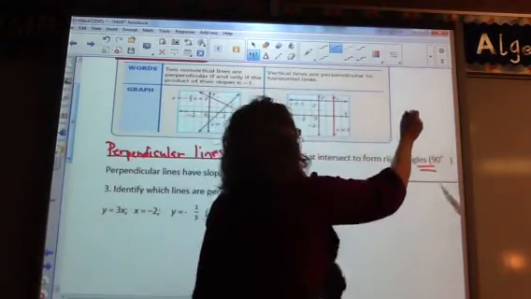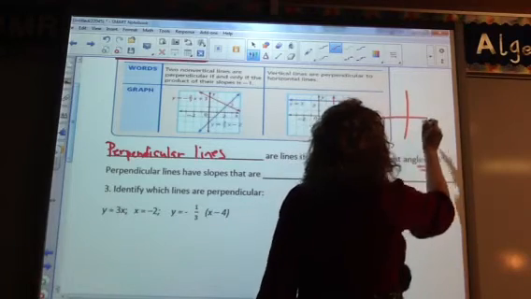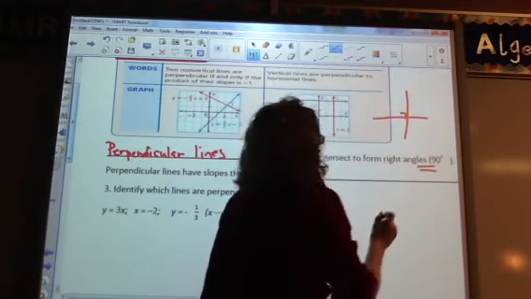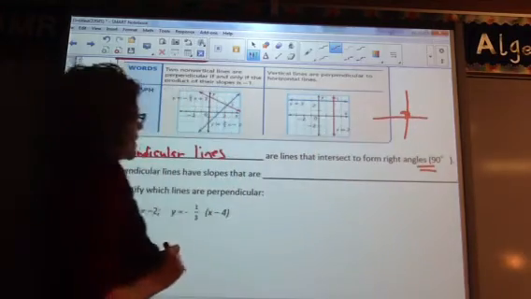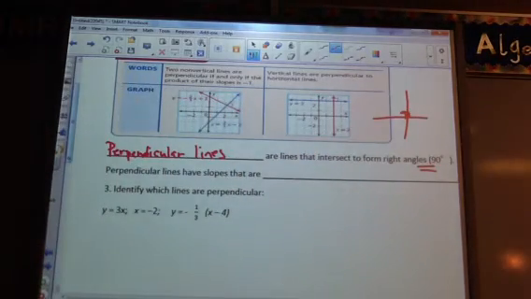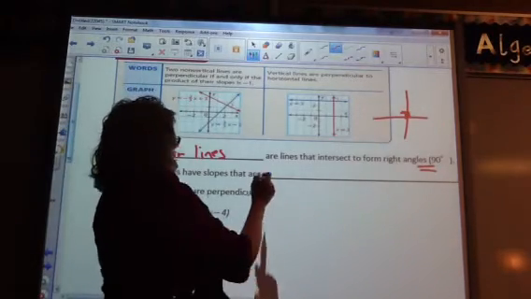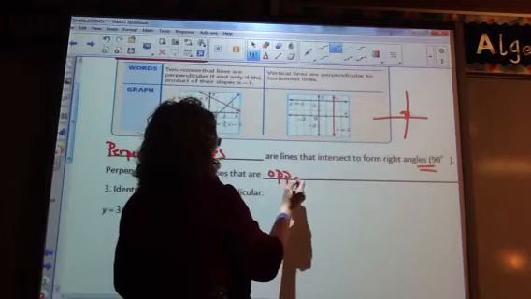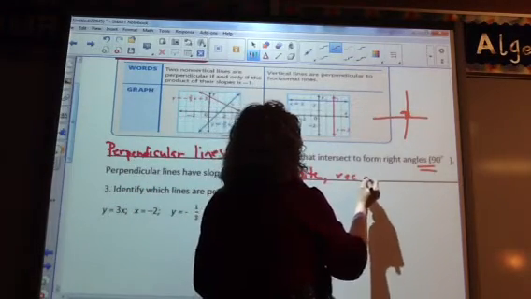Okay? Anytime you have a vertical and a horizontal line that intersect, that forms a right angle. Okay? Perpendicular lines have slopes that are opposite and reciprocal.